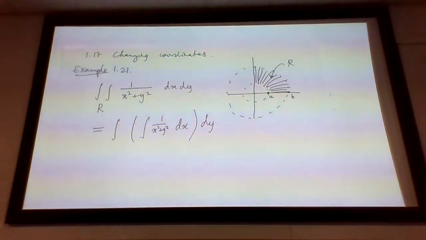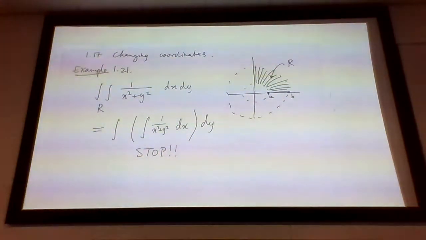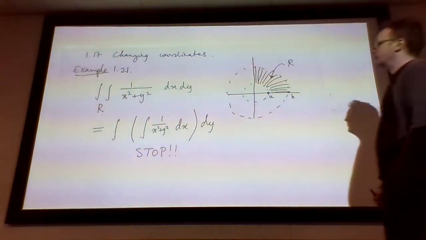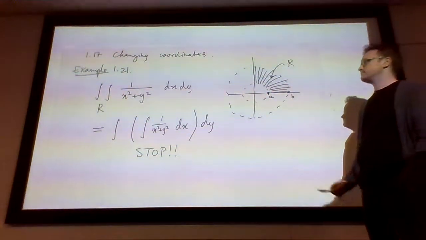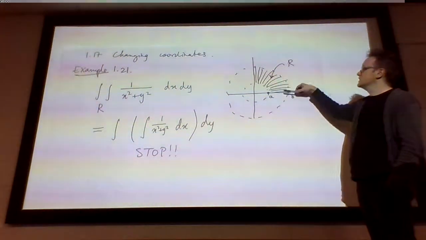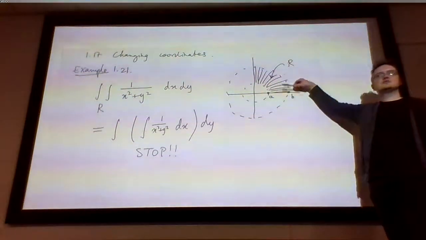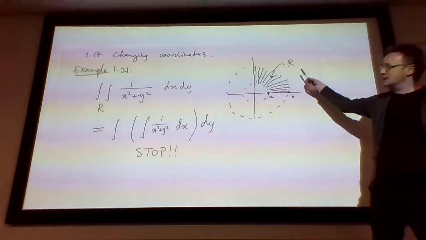Except the thing to notice about this example is that everything is really circular, okay? The region of integration is a bit between 2 circles. Obviously circular.